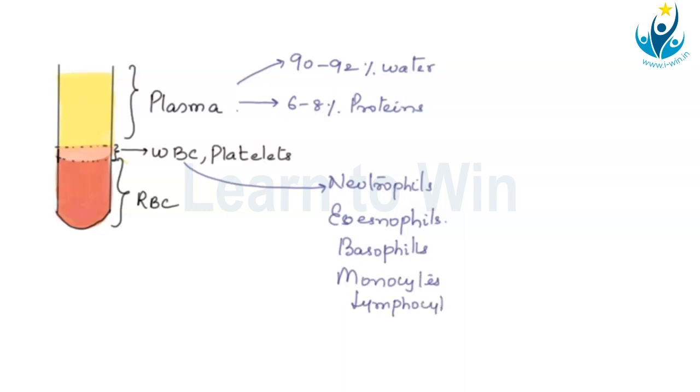So this is the composition of WBC, the composition of plasma, and obviously the entire RBC section is just made up of RBC, right?